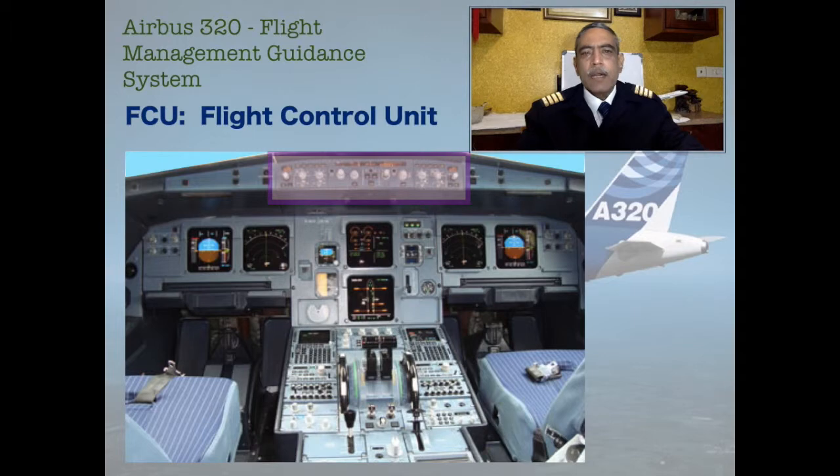But now almost all cockpits will place the autopilot control unit, and in Airbus 320 it's called the flight control unit, on top of the center instrument panel, which is easily accessible by the captain and the first officer.